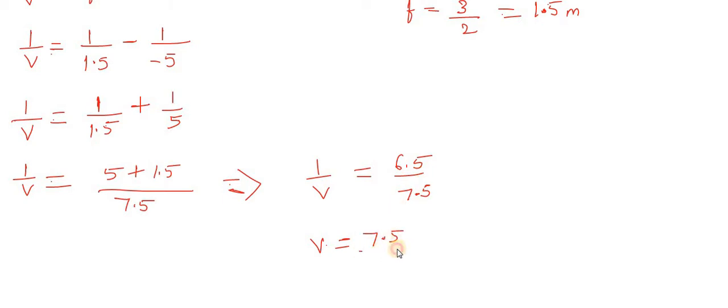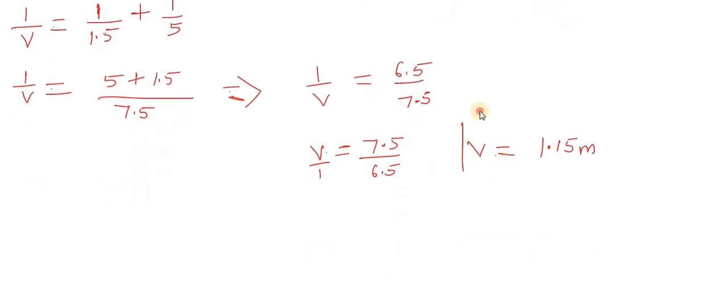Taking the reciprocal, 1 by v becomes v by 1, and v by 1 is nothing but v only. So v is equal to 7.5 divided by 6.5, and if we divide that, you'll get 1.15 meter. So we got v is equal to 1.15 meter.